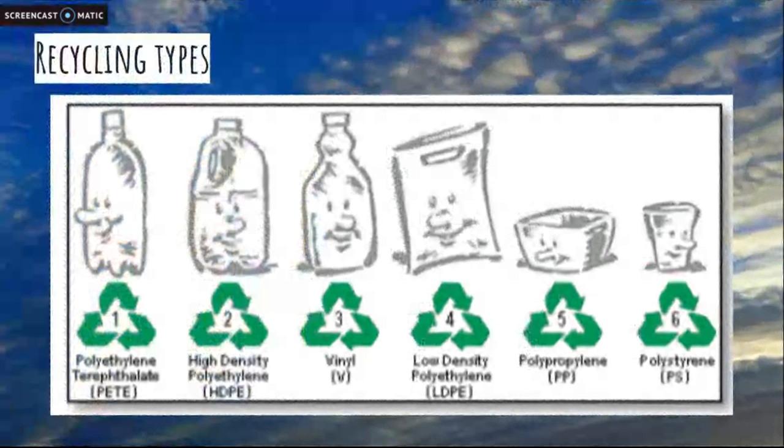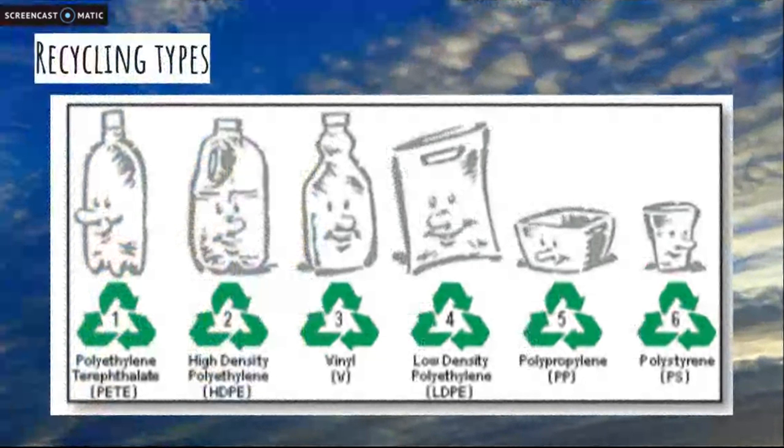Number one is polyethylene terephthalate. I don't know if I said that right. That's also called PET. Number one and two, I think, typically can be recycled anywhere, but sometimes 3 through 6 can't.